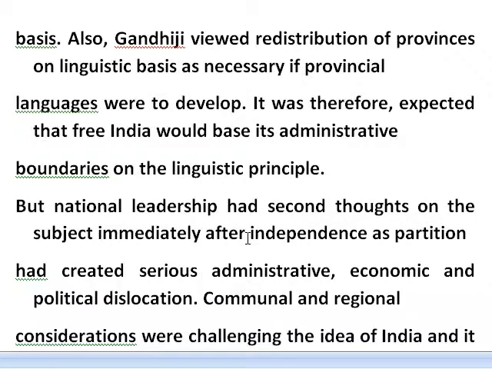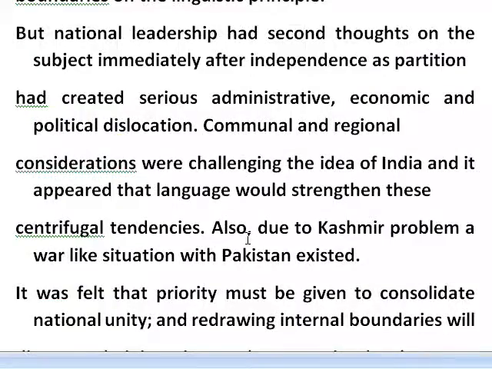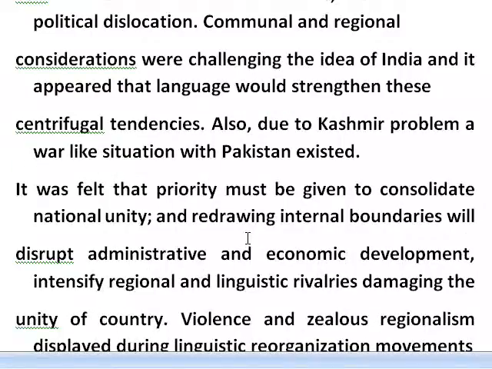But national leaders had second thoughts on the subject immediately after independence, as partition had created serious administrative, economic, and political dislocation. Communal and regional confederations were challenging the idea of India, and it appeared that language would strengthen these centrifugal tendencies.